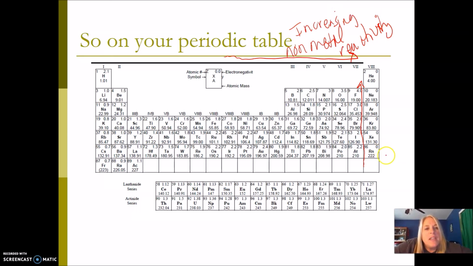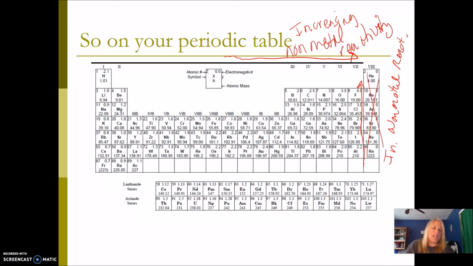Same thing here, increasing non-metal reactivity. And again, not the noble gases. Noble gases don't react. They don't have electronegativity. They are just hanging out cool by themselves.